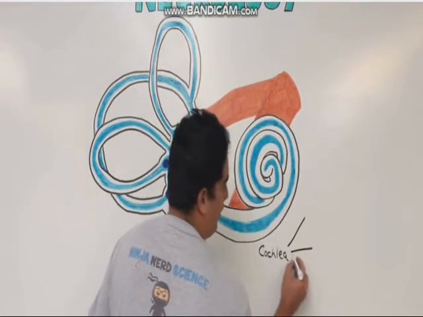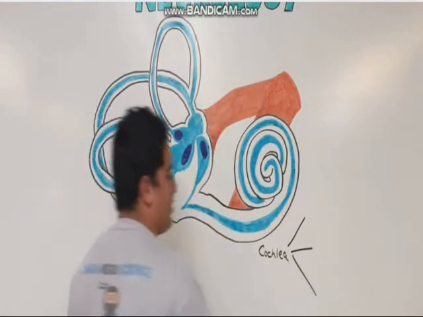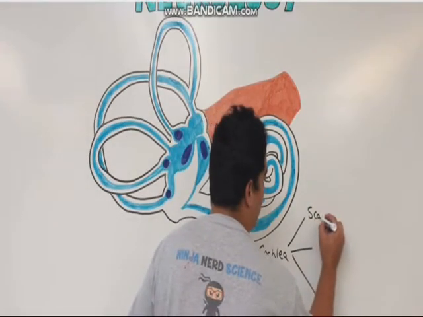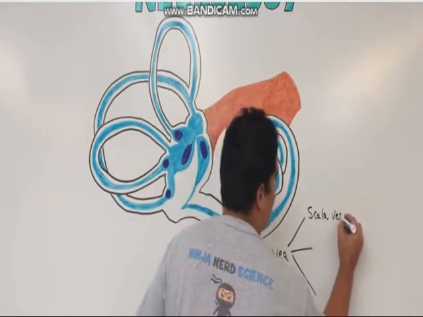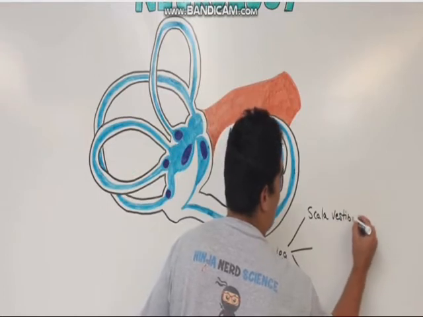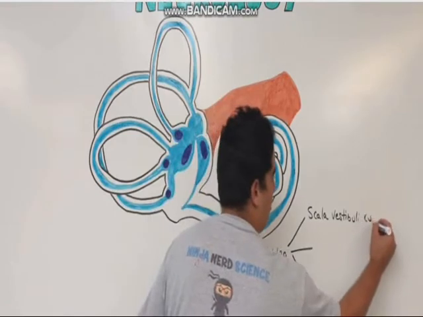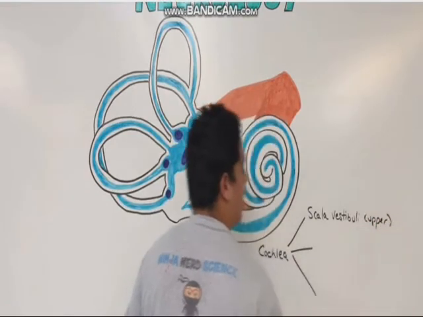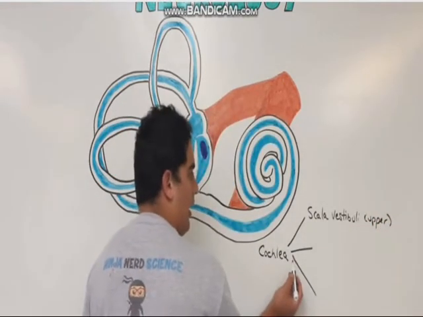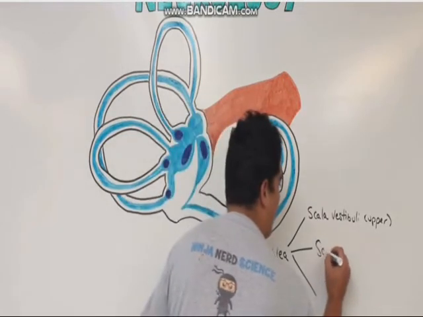The cochlea is a bony part and inside it is a membranous part. The cochlea has three scalae: scala vestibuli, scala media and scala tympani. Scala vestibuli is the upper portion.